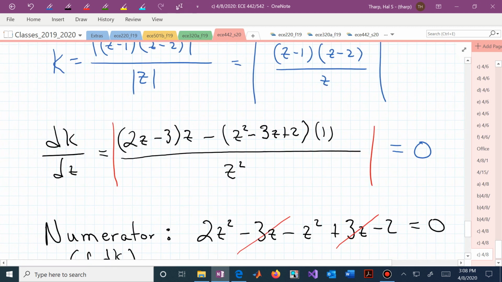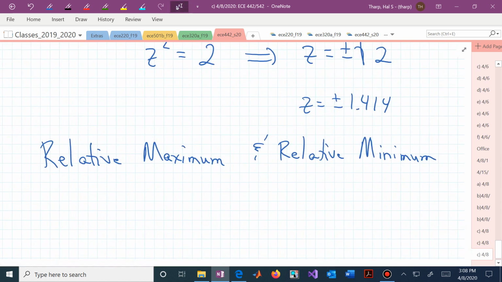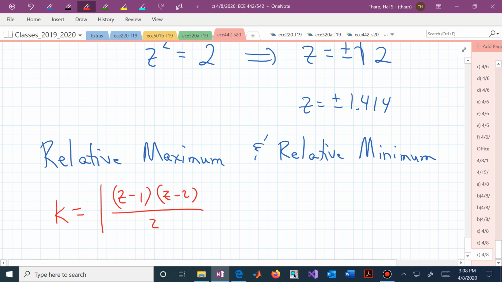You could, if you didn't want to do all of this differentiation, you could have actually looked at this expression for k. K was now z minus 1, z minus 2 over z.